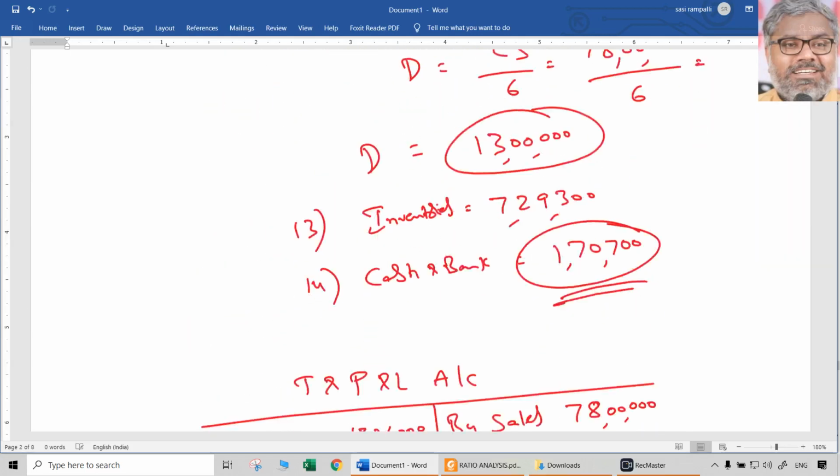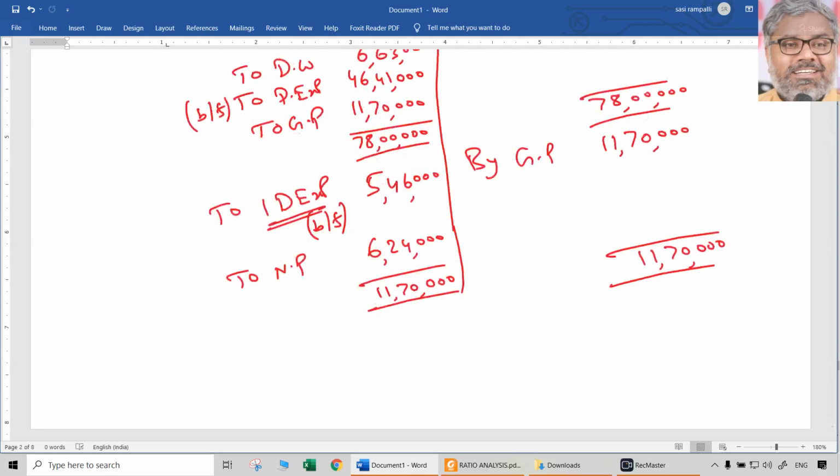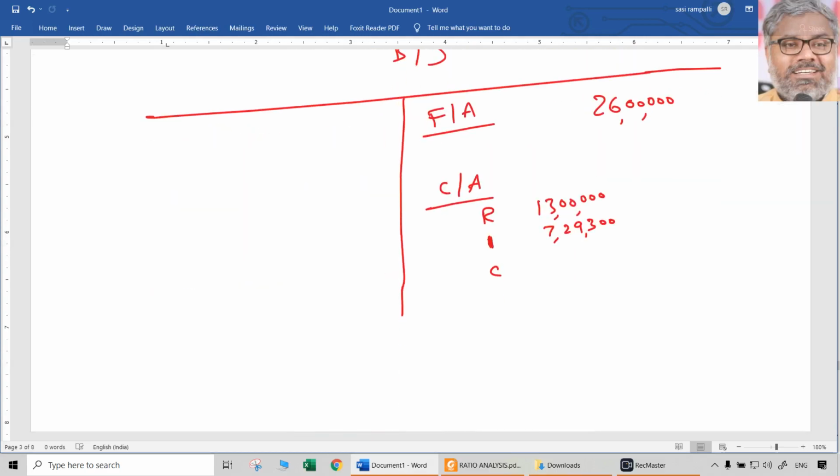That we also calculated as the balancing figure of current assets, 170,700. So the total of current assets will naturally be how much? We calculated that, just for checking purposes, total should naturally be 22 lakhs. What else will be there on the asset side? Nothing. Current assets and fixed assets, that's all there will be on the asset side.